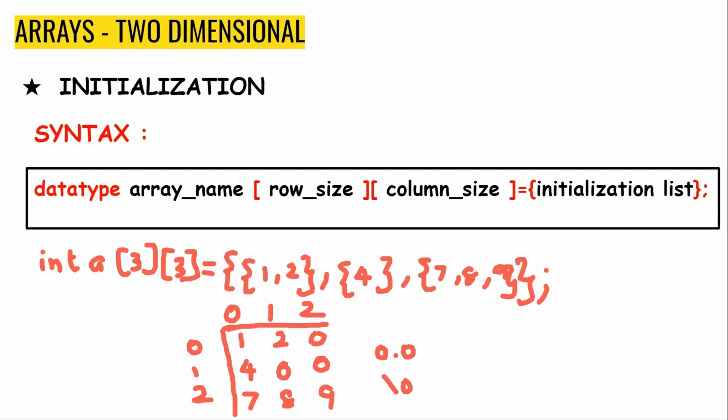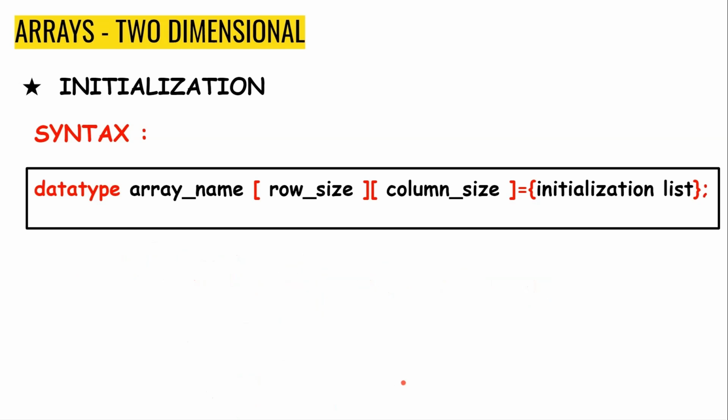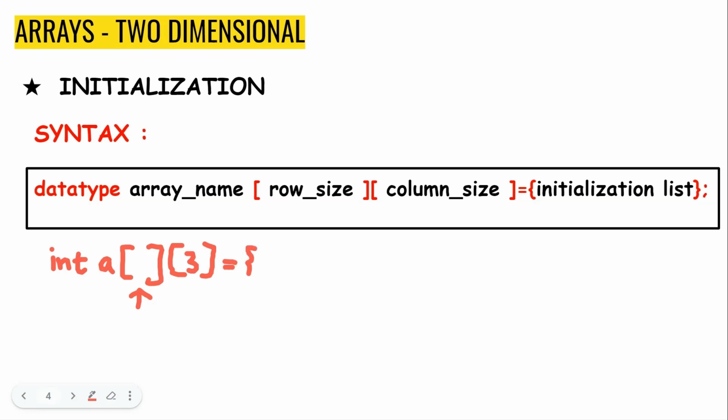When the array is completely initialized with all values explicitly, then it is not mandatory to specify the row size. Say for example, int a, you need not specify the row size, you just specify the column size. So the column size is mandatory, [3] equal to curly bracket.